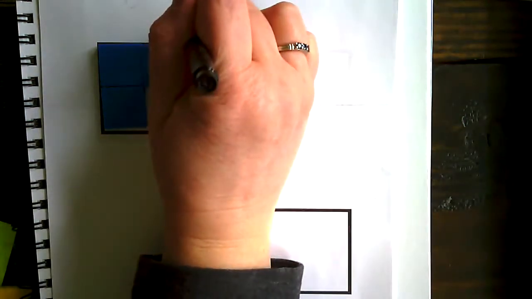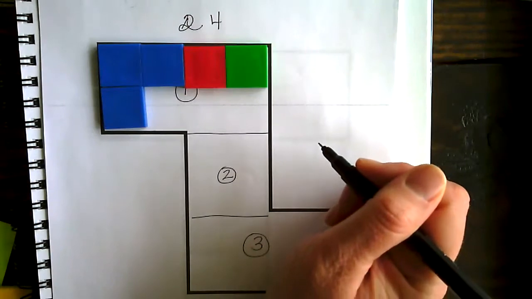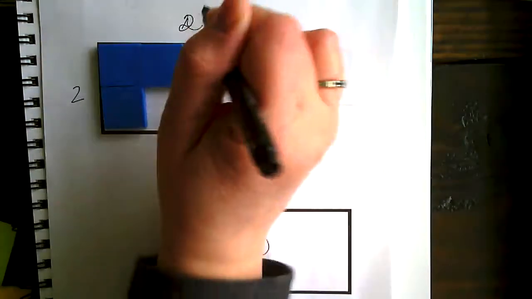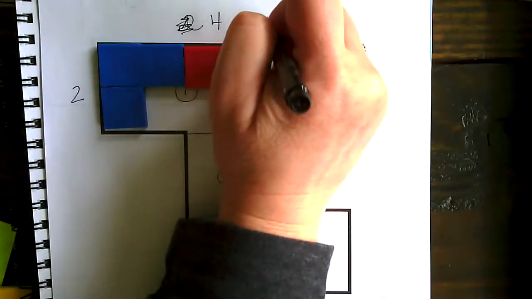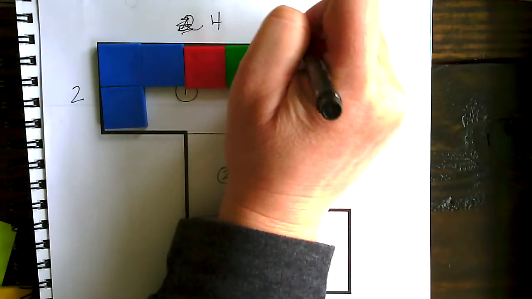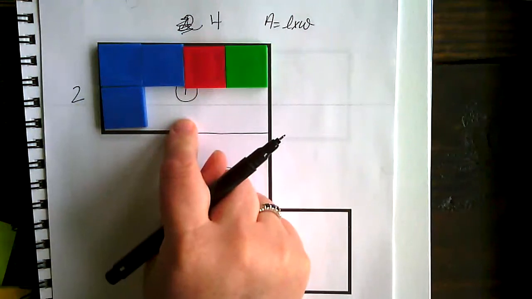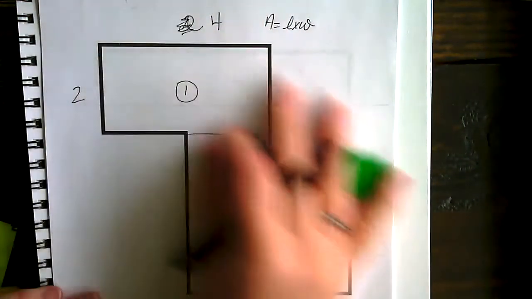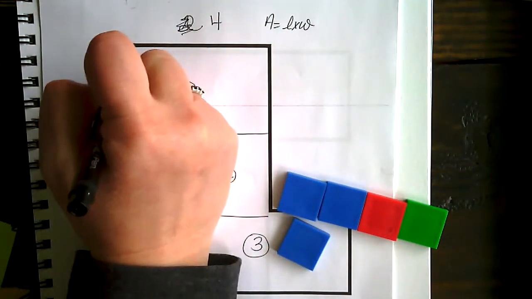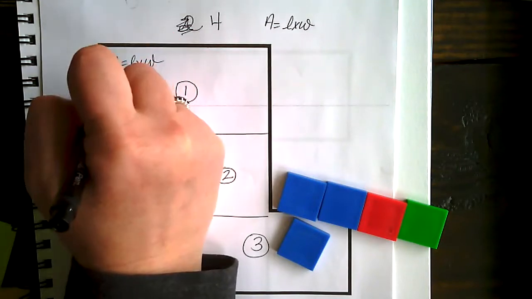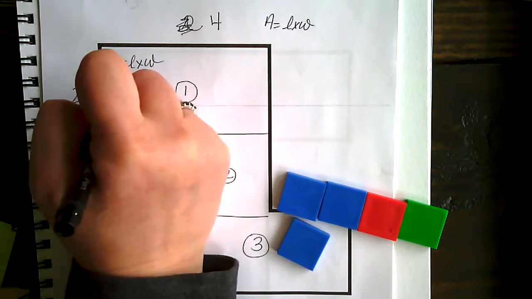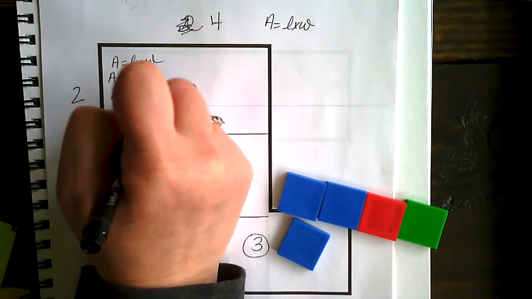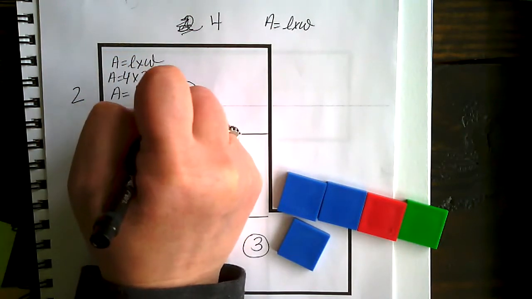I'm sorry, 4 square inches, and this side would be 2 square inches. Area equals length times width. What is the area of rectangle 1? Area equals 4 times 2, area equals 8 square inches.